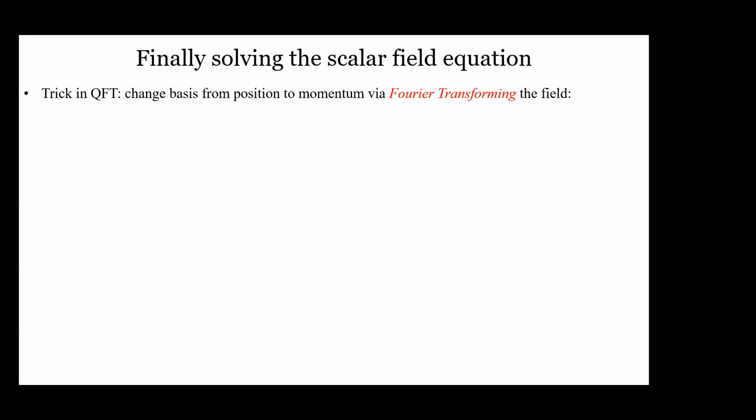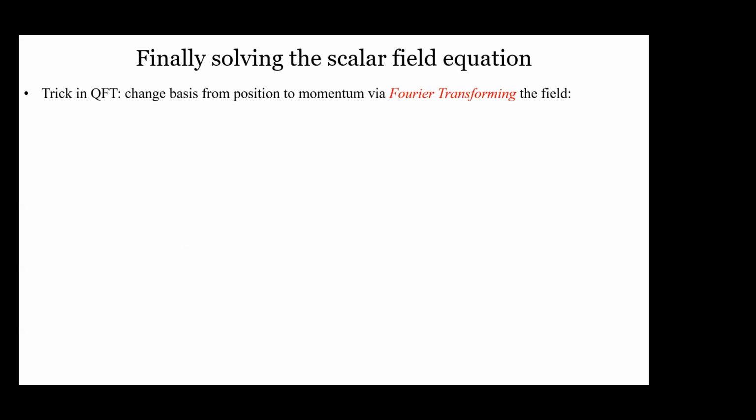The trick that people use in QFT is the trick of the Fourier transform. So everyone has the Fourier transform in their repertoire. Fourier transform is basically a change of representation. So you describe the same physical phenomena from two different perspectives. Either you can talk about the position aspect of it, talk about fields as a function of position, but then also you can describe the field in momentum space.